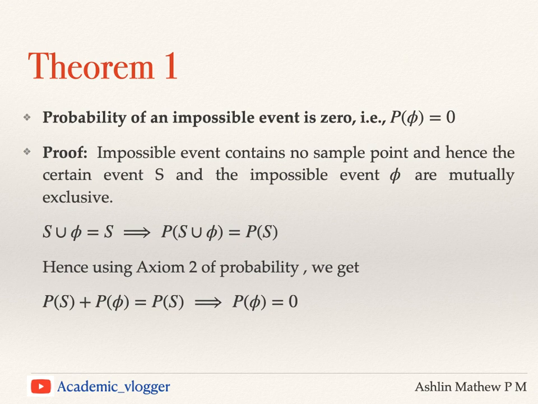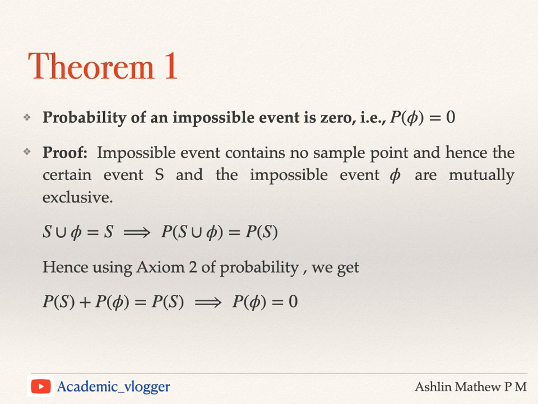Which implies that, in probability terms, the probability of S union phi is equal to the probability of S. We have discussed the axiomatic definition of probability in the previous videos, using which we can write the probability of S union phi as the probability of S plus the probability of phi.